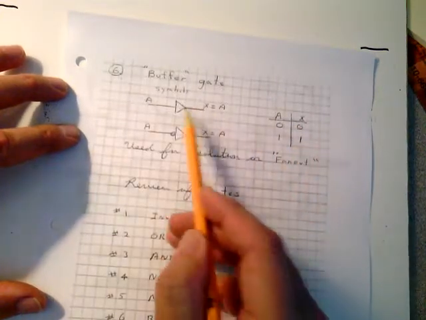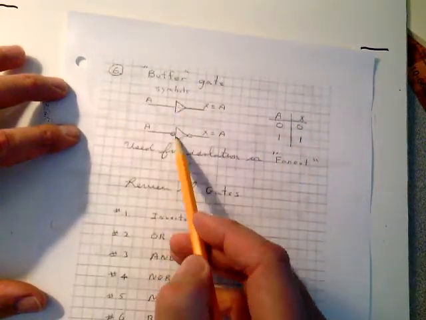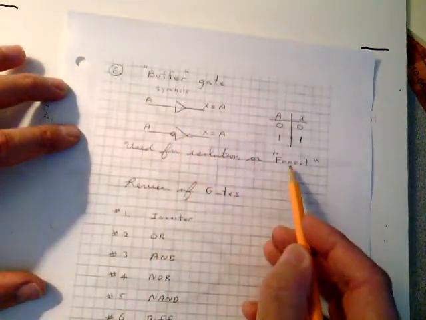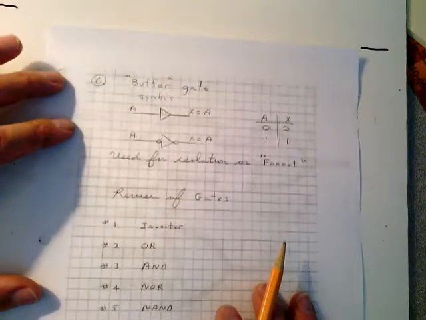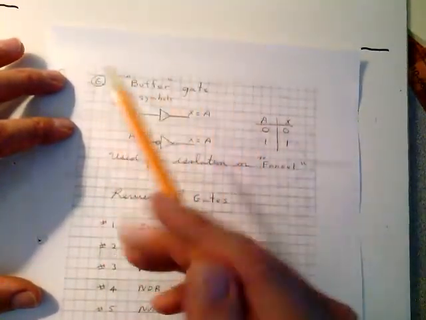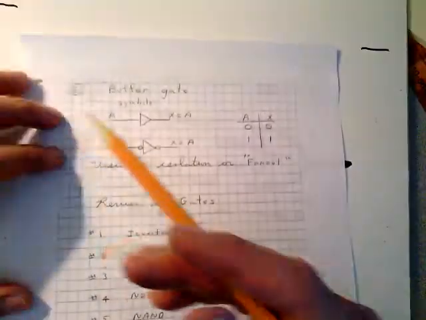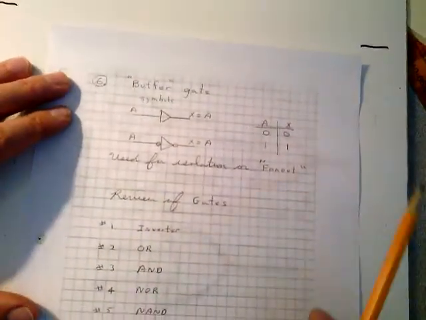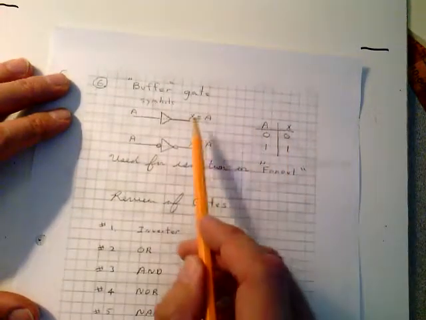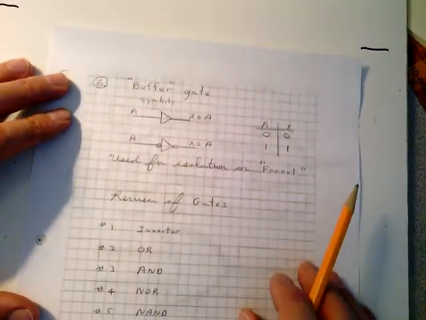You can draw it either way, depending on how you're telling the story. It's used for isolation or fan out, which we'll talk about within the next week or two. If we're going to run the signal, you can't run these outputs to 100 or 200 places with some of these IC families. Fan out is how many places you can take the output to in the circuit.